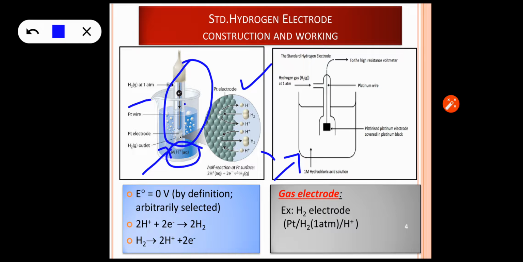A standard hydrogen electrode is represented using this representation, that is Pt | H2 gas (1 atm) | H+ (1 M). The reduction potential of the standard hydrogen electrode is arbitrarily taken as 0, and standard hydrogen electrode can be either chosen as anode or cathode based on the reduction potential of the working electrode.